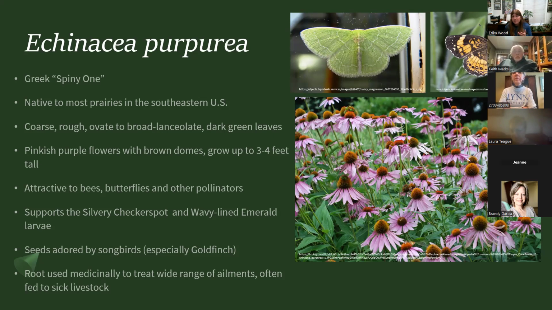So if you see from the pictures at the top, it supports the silvery checkerspot butterfly and the wavy-lined emerald moth. You'll see when we talk about other species, a lot of our Asteraceae family supports these two species of lepidopterans. So very, very important in that regard.